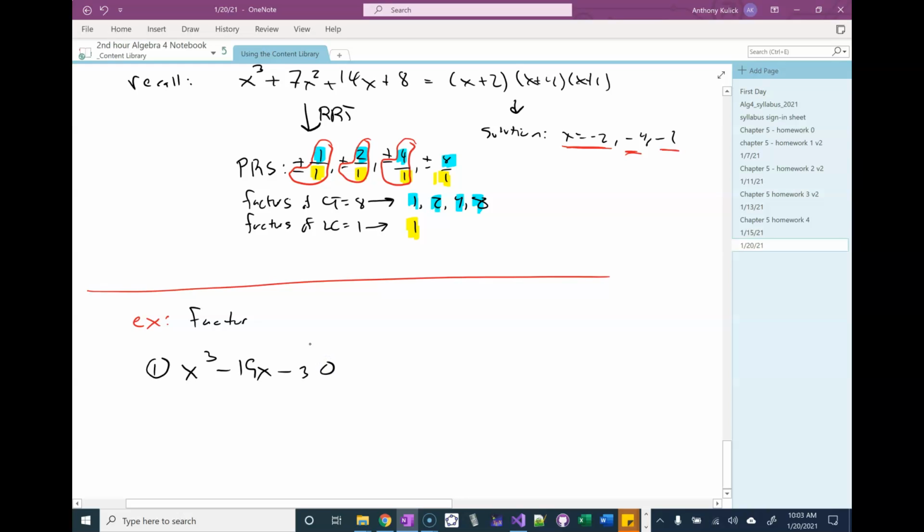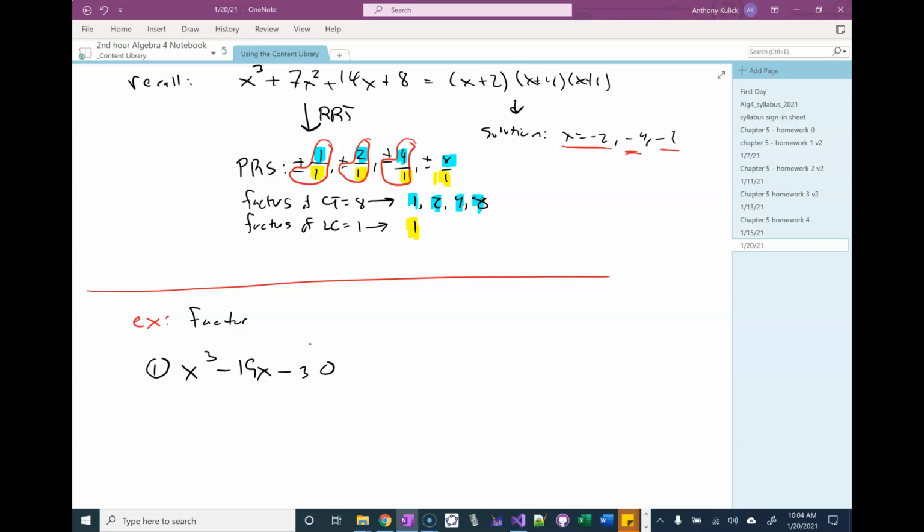So let's say we just ask you to factor x cubed minus 19x minus 30. It should be pretty clear that you can't use our factoring tree method on this. Although it is 3 terms, it's not in quadratic form, so there's nothing we can do with our factoring tree. Everybody agree with that?